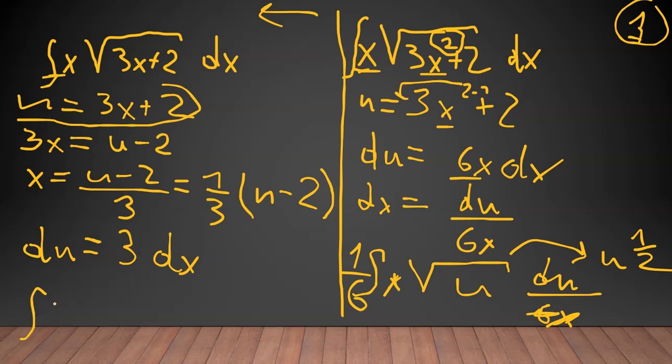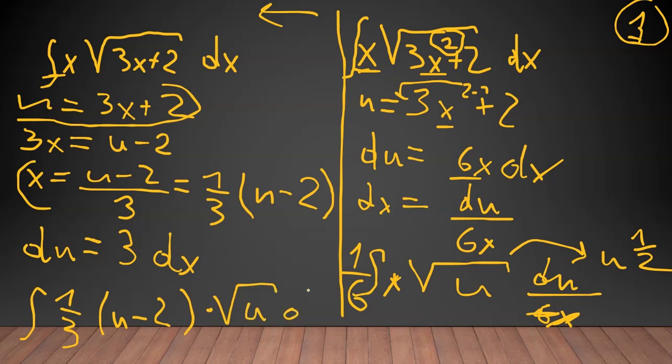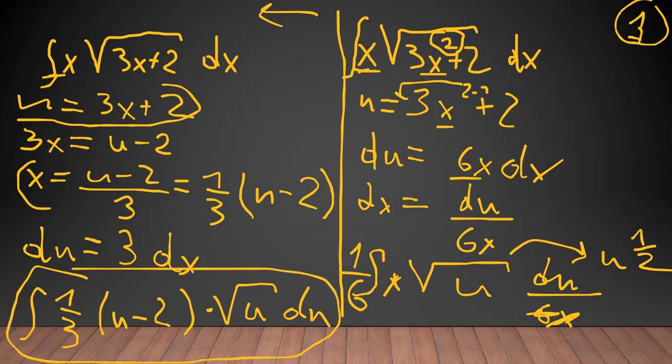Instead of x here we'll write that. So we write 1/3 times u minus 2 times square root of u du. And from this we can already solve this integral. I'm not going to solve it, you can solve it yourself.